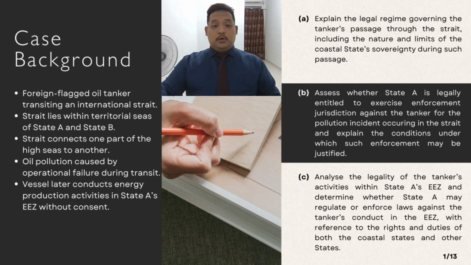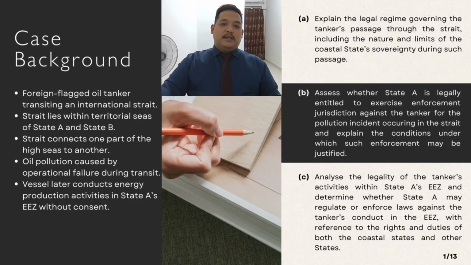As you can see on the right part of the slide, based on these facts, three legal questions arise. First, under Part A, we must explain the legal regime governing the tanker's passage through the strait and identify the limits of coastal state sovereignty.